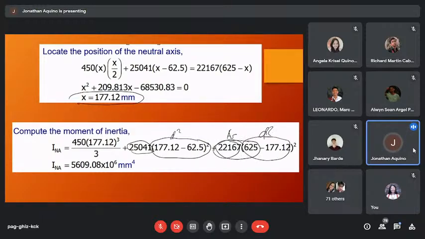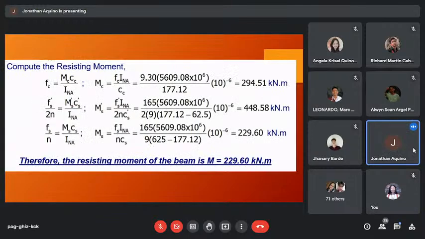This will give a centroidal moment of inertia of 5,609.08 times 10 to the 6 millimeter to the fourth.